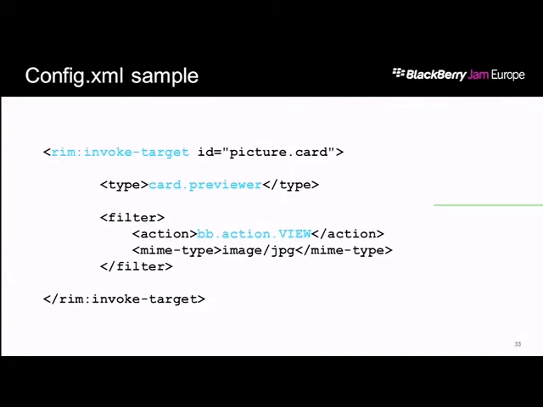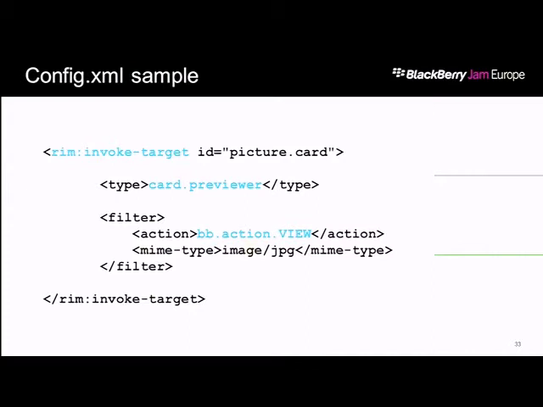When the application is installed on the system, it will look at this Config.xml, see that there's this invoke target, and register your application with the Invoke framework, saying that you can do these types of actions and process this kind of information. So if somebody is trying to invoke a card previewer type with a view action on a JPEG file, your application would show up as a target for this action for others, for example in an invoke selection UI from the system.